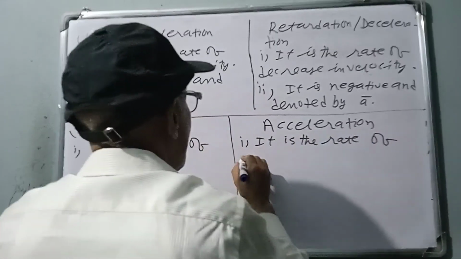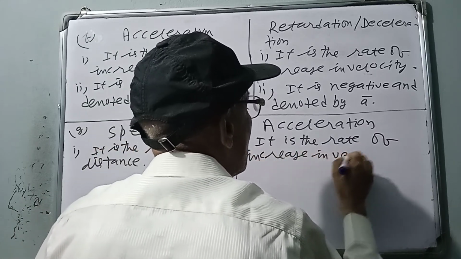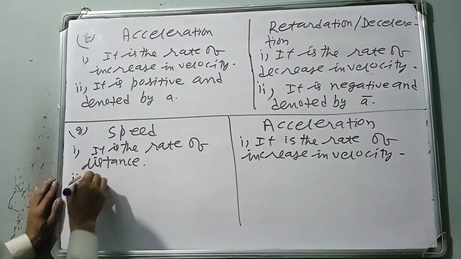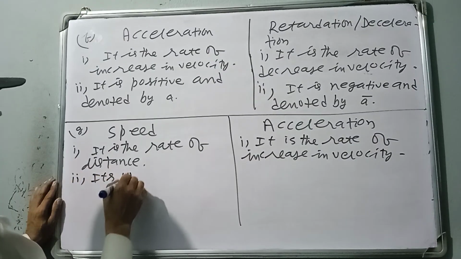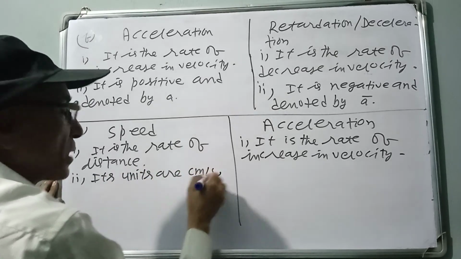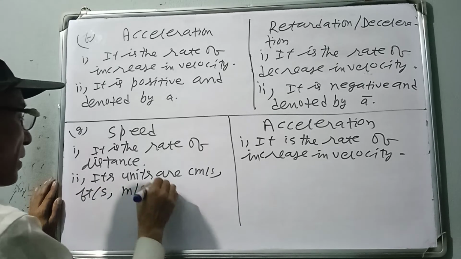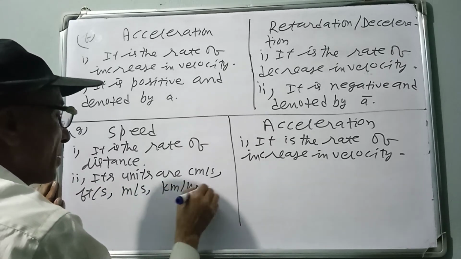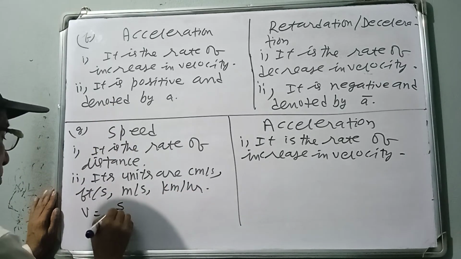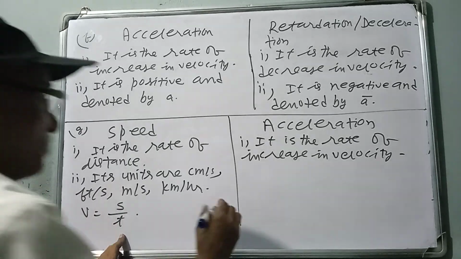Acceleration is the rate of increase in velocity. Speed's units are centimeter per second, feet per second, meter per second, kilometer per hour, etc. And formula V equal S by T. Total distance covered by a body to the time taken.